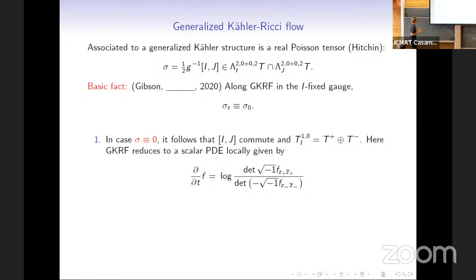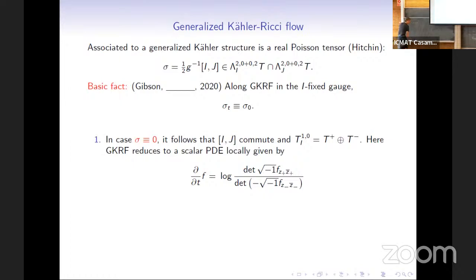Locally, you can reduce this PDE to a scalar PDE for a potential. And it looks like what I call a twisted Monge-Ampère equation. The standard parabolic complex Monge-Ampère would just be something like df/dt equals log determinant of ∂∂-bar f, ignoring background terms.